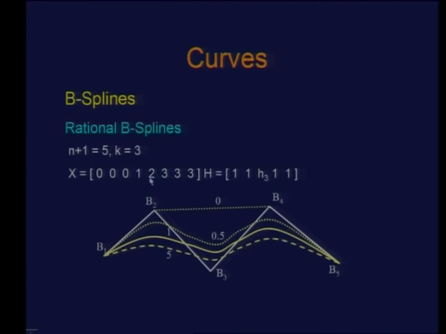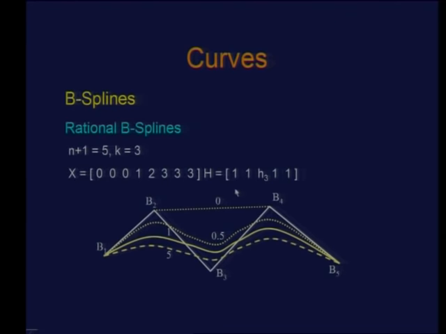And the corresponding h vector, which is nothing but the weighting factor with respect to each of the control points, which also can be interpreted as the homogeneous part of the coordinate for these control points.